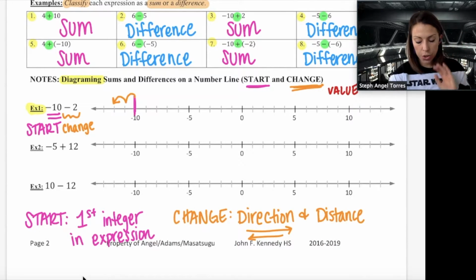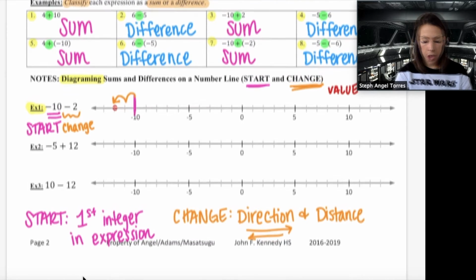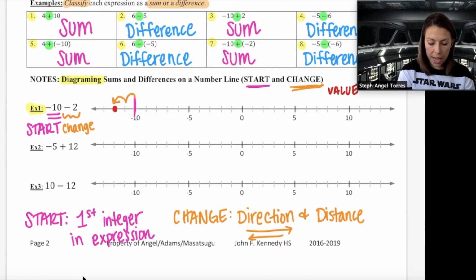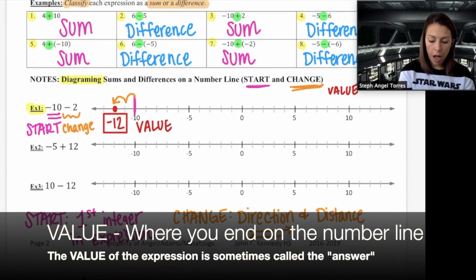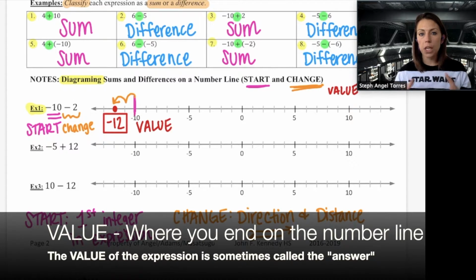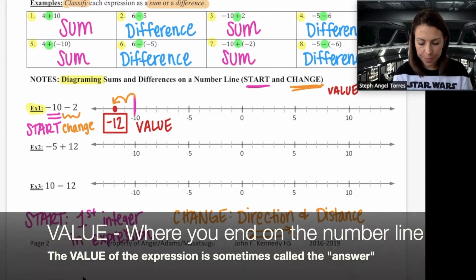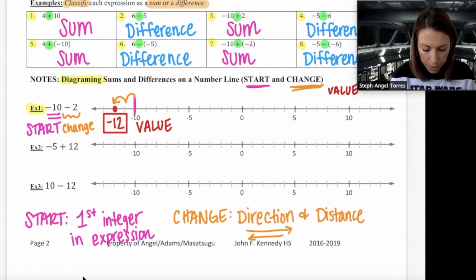And that brings us to the final part of our diagram, which is where we ended up. We ended up at negative 12. I'm going to put a box around it because that shows that's where I ended up, and that is called the value of the expression. So in other words, what is negative 10 minus 2? That's negative 12.